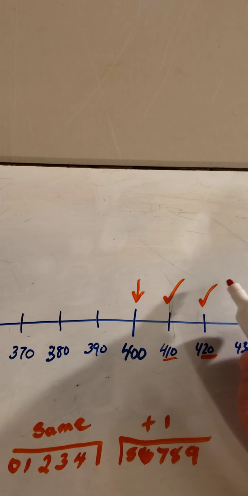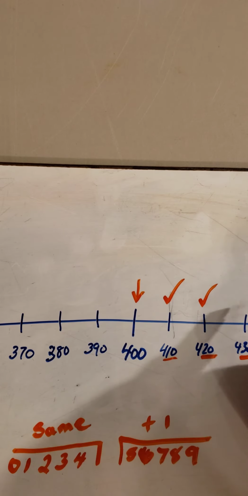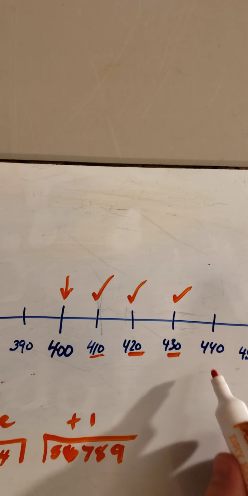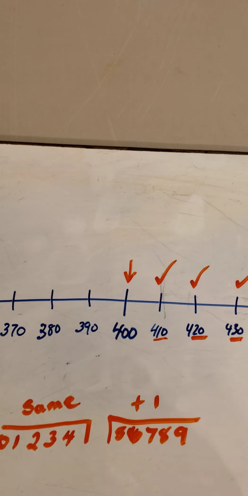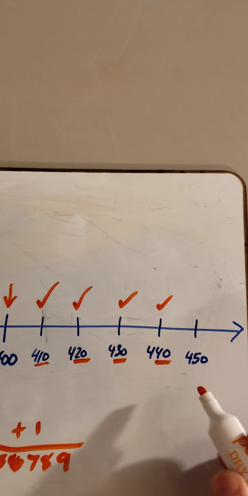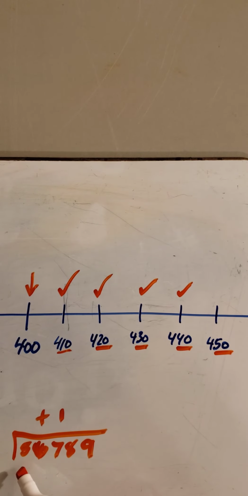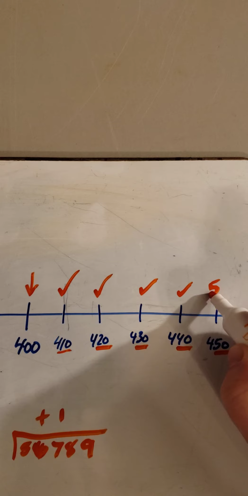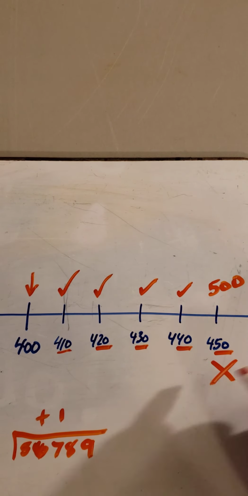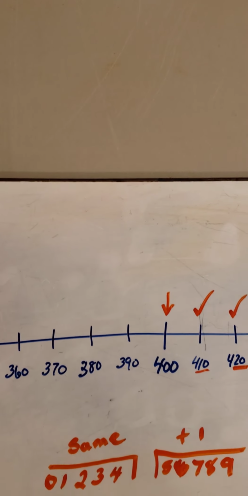The 4 is going to stay the same. 3. Okay, it's going to stay the same. Go over here to 4. 4 stays the same. That'll work. When I get over here to 550, that goes to 500. Is that going to work? No, not an option. Okay, well, let's look at this again.